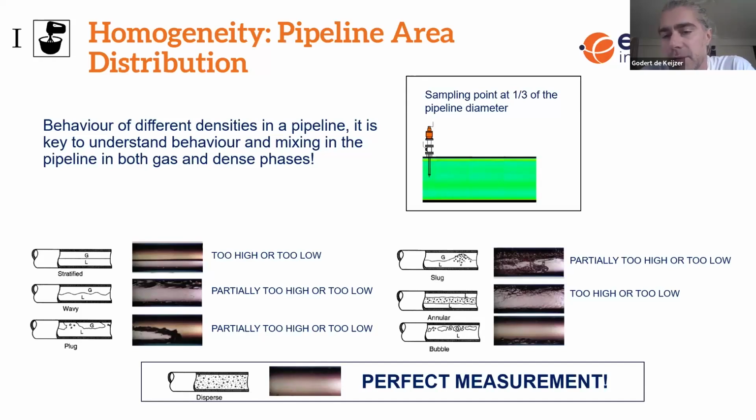And you see at the bottom quite nicely illustrated different types of behaviors, in this case of a fluid. You can have different types of behavior dependent on the density: slugging, annular flow, bubble flow, wavy, plug flow, stratified flow. And you can well imagine if that's happening, you might actually not see what is really happening in your pipeline at the 1/3 of diameter of your pipeline.